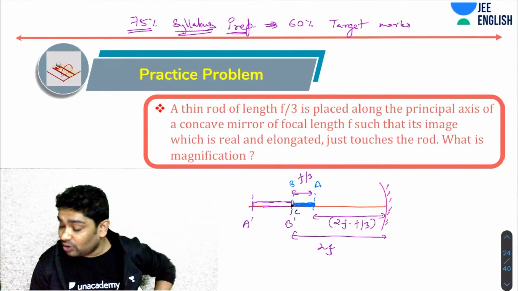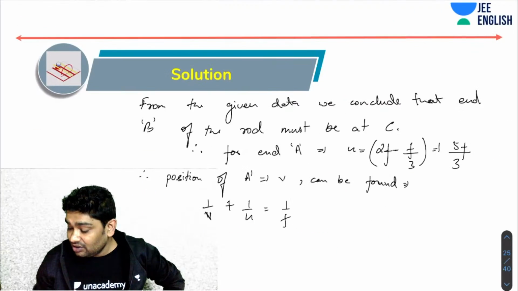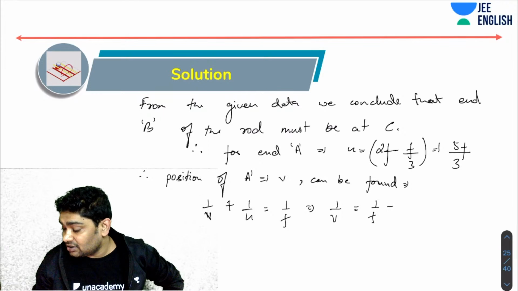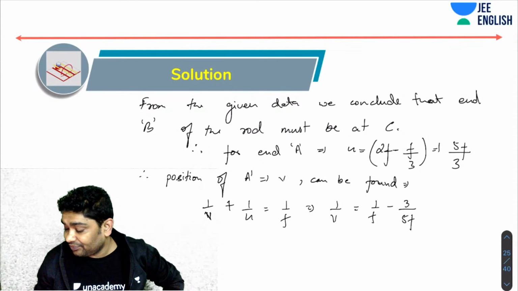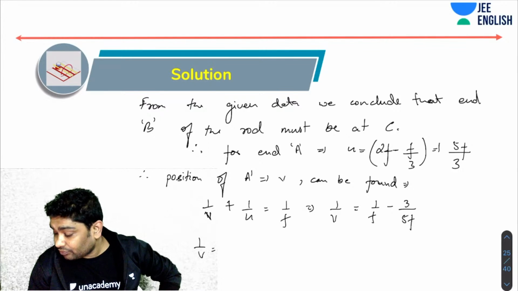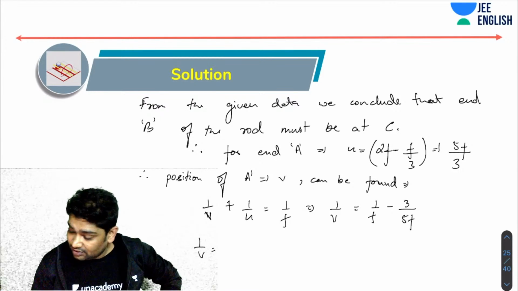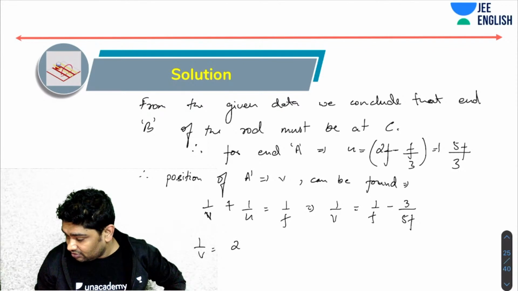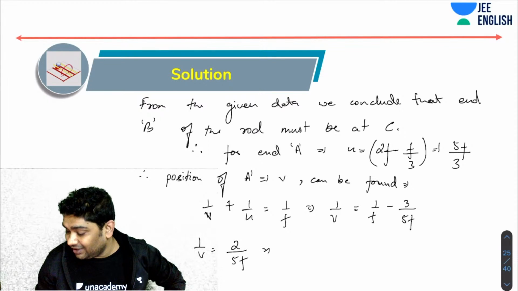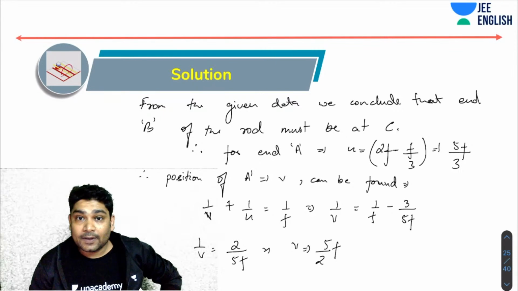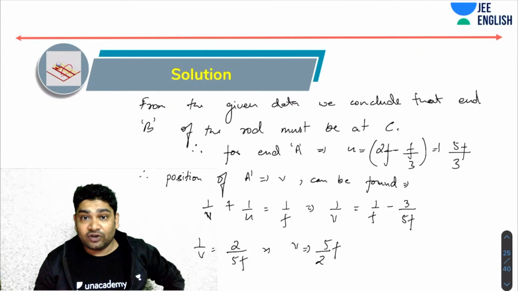So what is the focal length? Focal length is f only. So what I can say is 1 over v equals 1 over f minus 3 over 5f. 1 over v equals 2 by 5f. v is coming out to be 5 by 2f. Okay. So the image size would be f by 2.